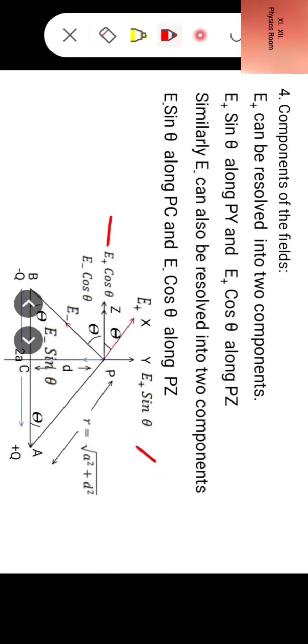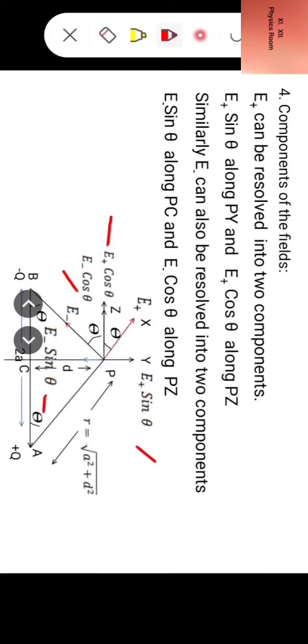Similarly, E minus can also be resolved into two components, E minus sine theta along PC and E minus cos theta along PZ. So this is how we resolve the components.